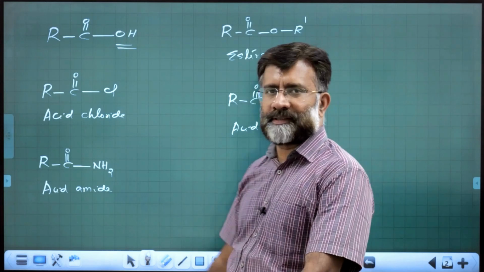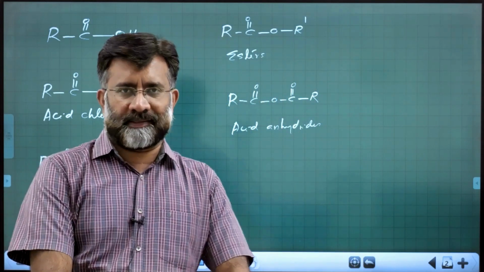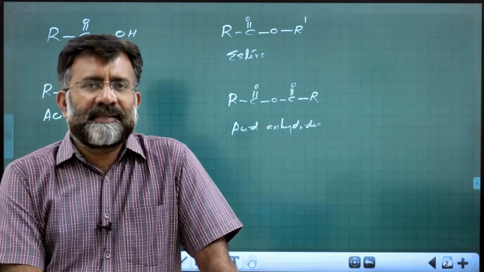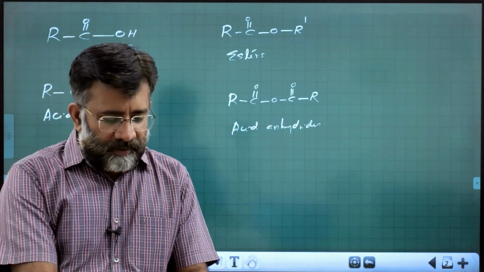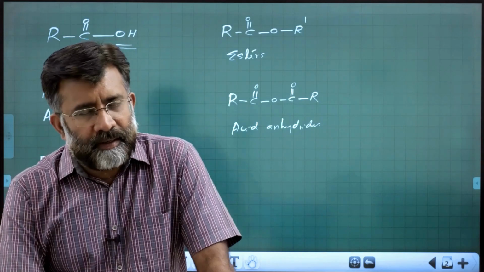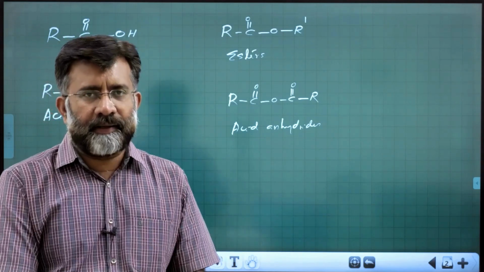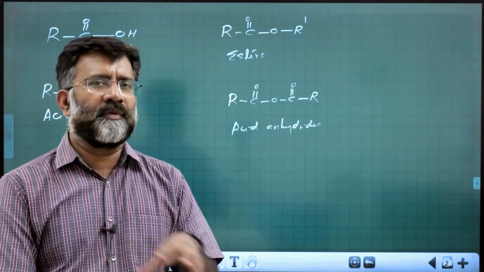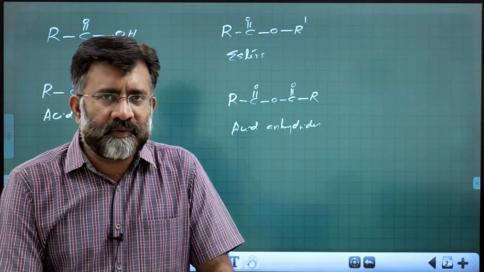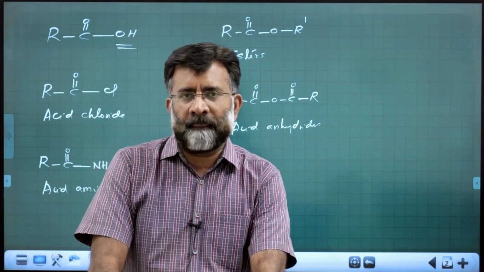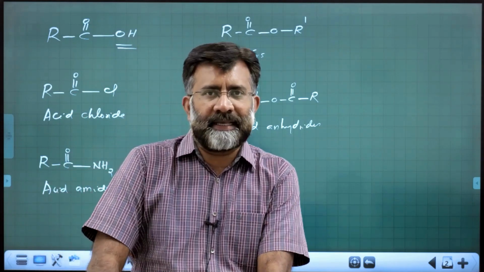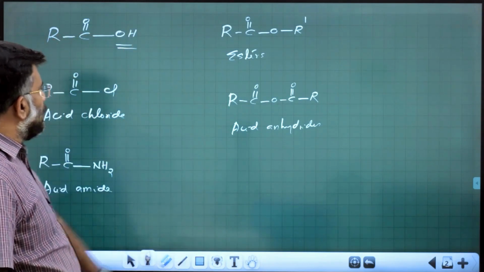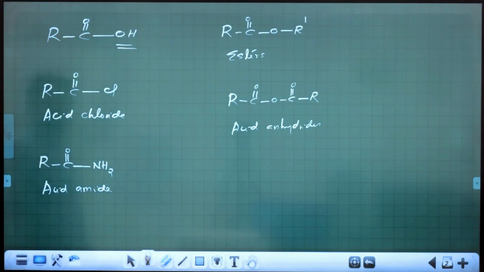These are various derivatives of carboxylic acid: acid chlorides, acid anhydrides, esters, amides, right? So these are dealt with in the chapter. Mainly we are concentrating on aldehydes, ketones, and carboxylic acid, with a few discussions about derivatives of carboxylic acid also. These are the structural details of those systems. Fine.